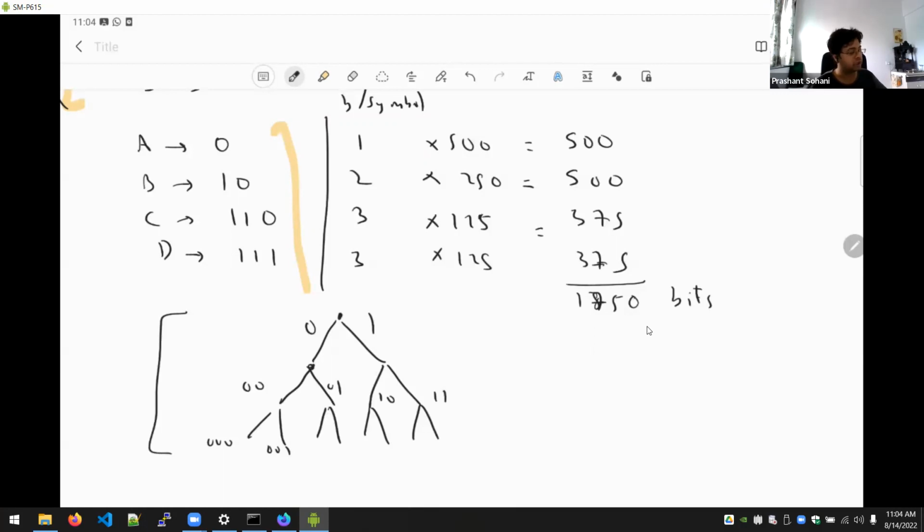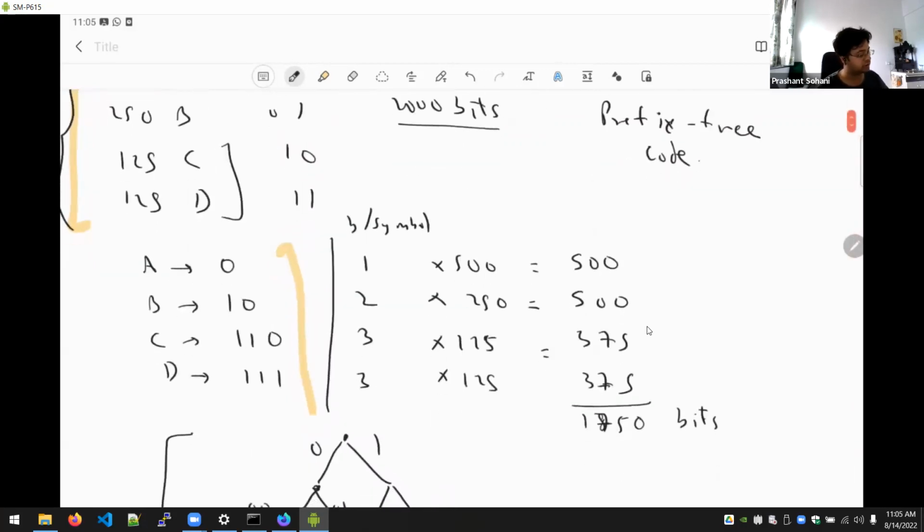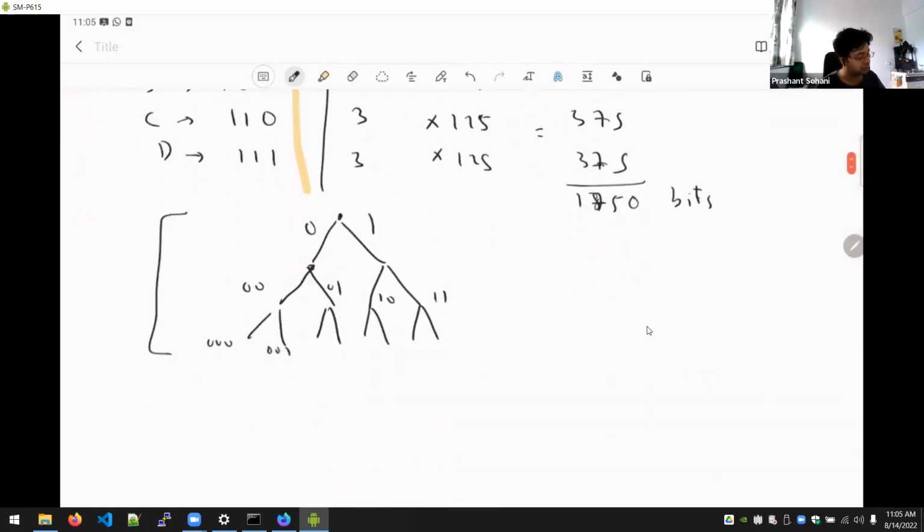So the way we do it, we actually start from the lowest probability symbols. In this case, for example, C and D have the lowest probability, right? So I want C and D to be the leaves of some tree. So my eventual graph should look something like this, where C and D are both the leaves of some common point.